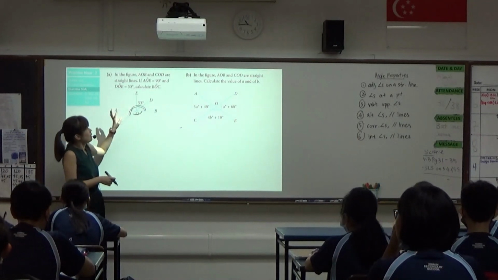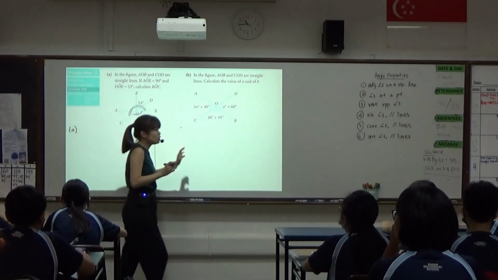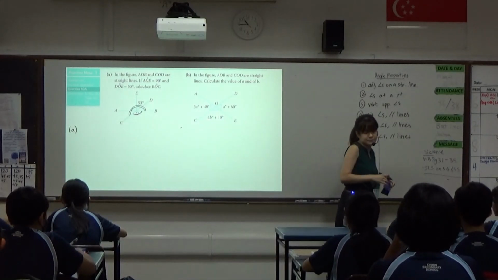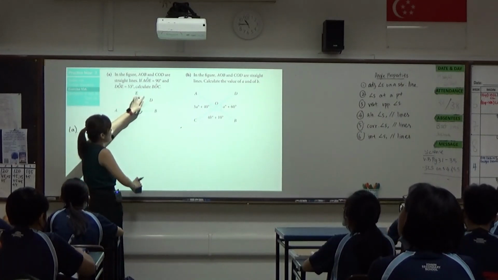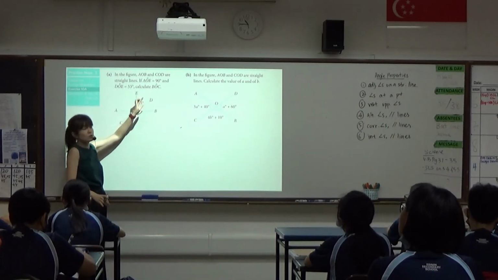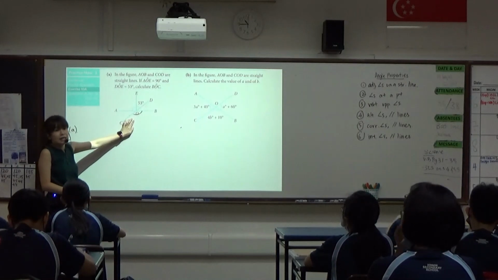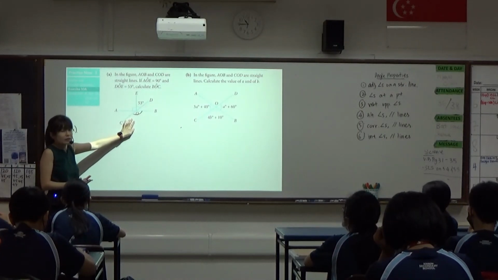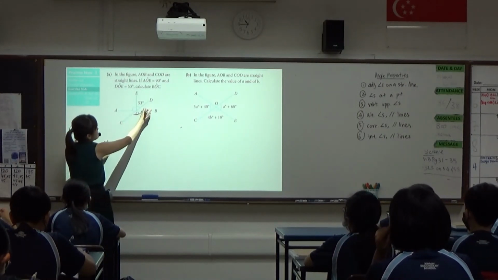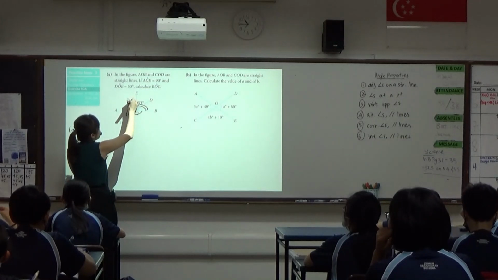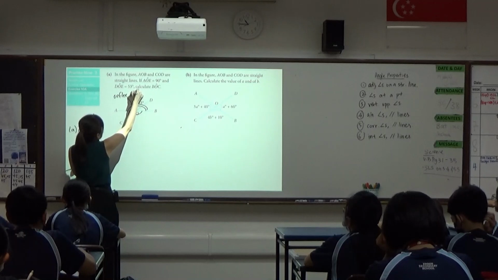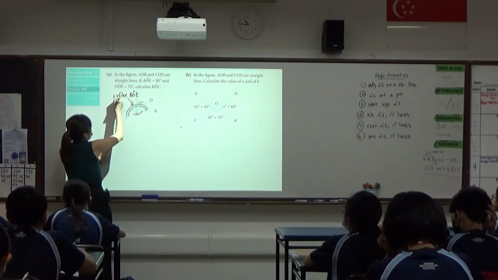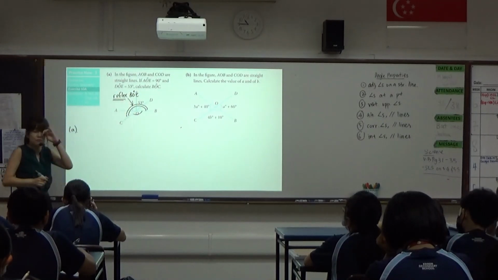Whenever they say it like that, they always refer to the smaller one. If they want the larger one, they will specify that this is called the reflex angle BOC. So they will always specify it if they want the reflex.